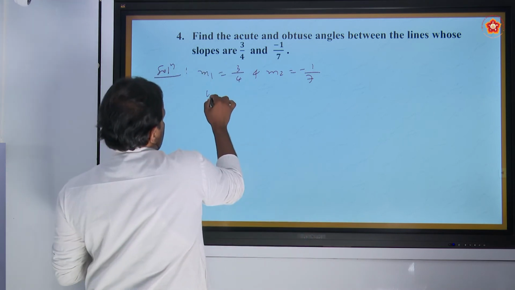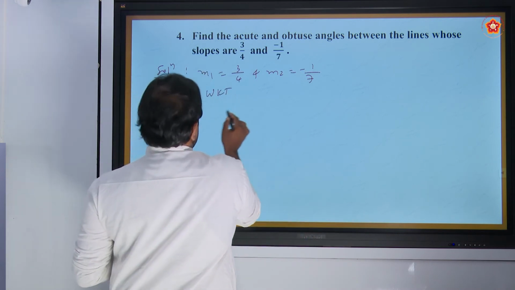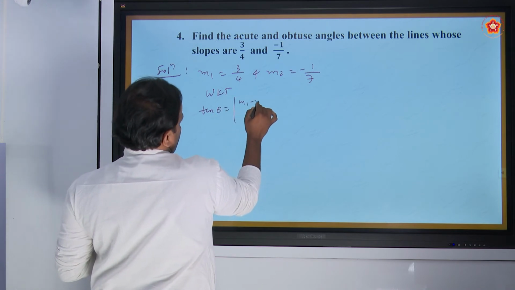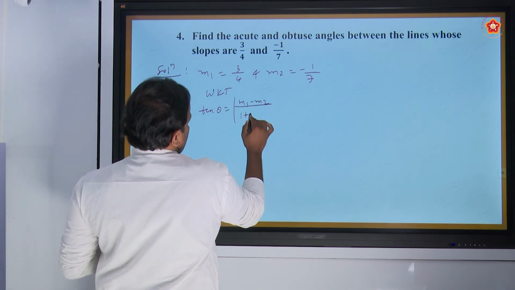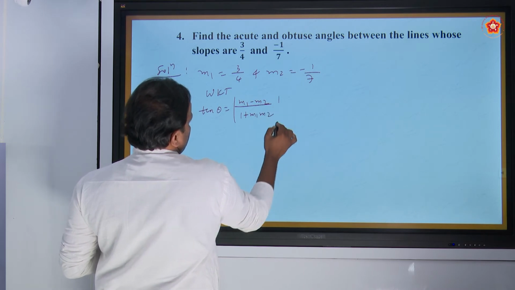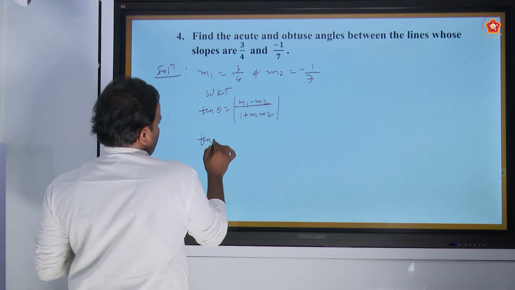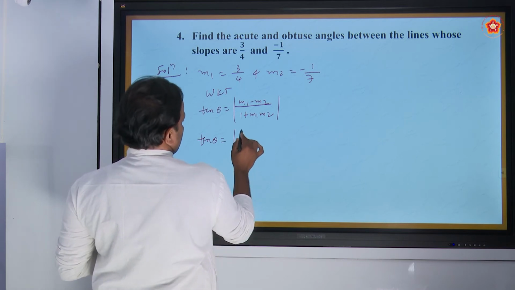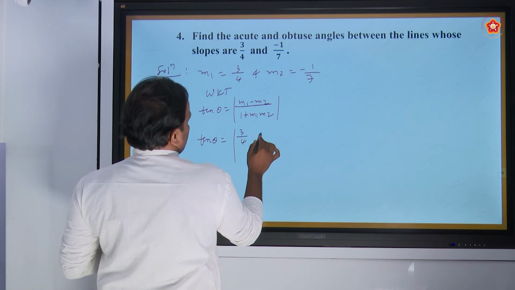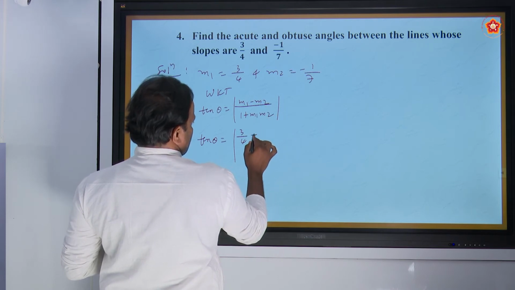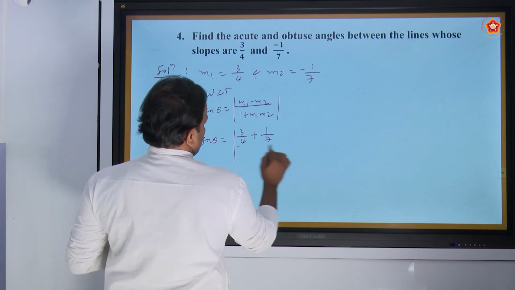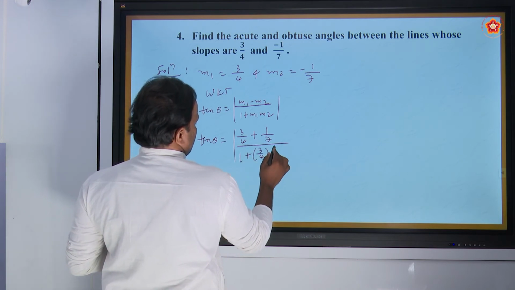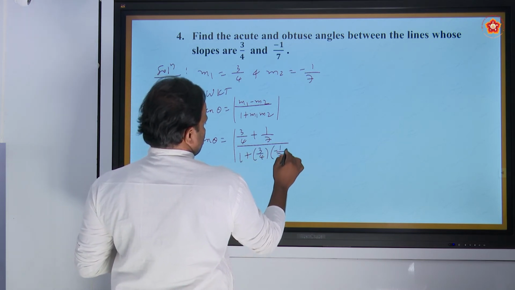We know that theta is the angle between two lines, and tan theta is equal to mod of m1 minus m2 by 1 plus m1 into m2. So tan theta is equal to, m1 is 3 by 4, m2 is minus 1 by 7, so 3 by 4 plus 1 by 7, whole divided by 1 plus 3 by 4 into minus 1 by 7.